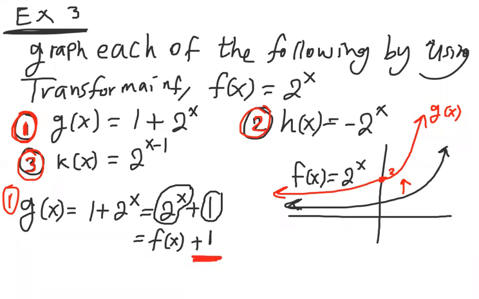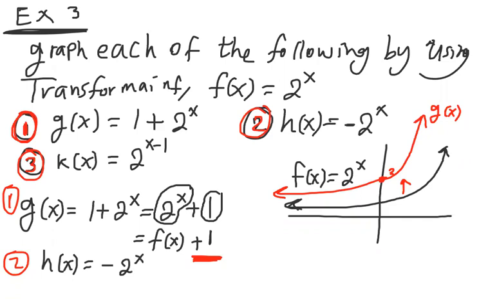Second one, who will give me the hint how we graph h of x? This is a transformation of the function f of x, but here we have a minus in front. What does that mean? I know h of x is equal to minus 2 to the x.